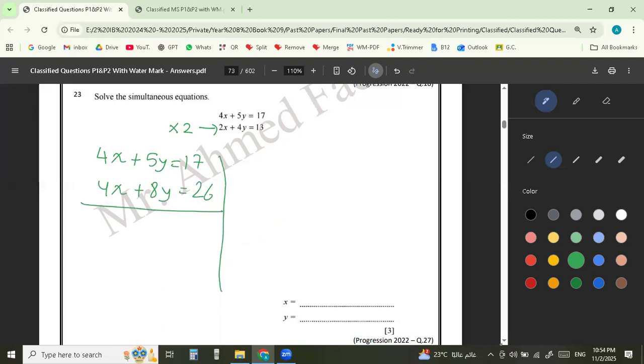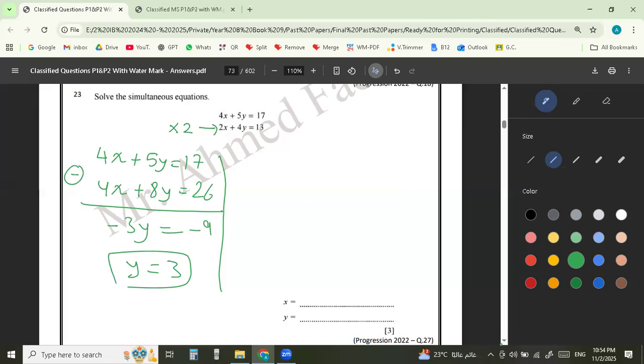Are we going to add? Mr., addition will not help us eliminate. We need to subtract. 4x minus 4x, bye-bye. 5y minus 8y is negative 3y equals 17 minus 26 is negative 9. So here we've got y equals negative 9 divided by negative 3, which is just positive 3.